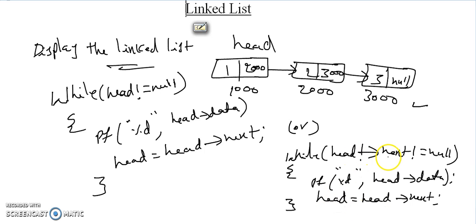Once head of next not equal to null, print the data. Head of next equal to null, the loop stops.